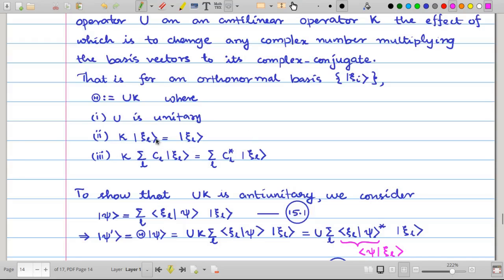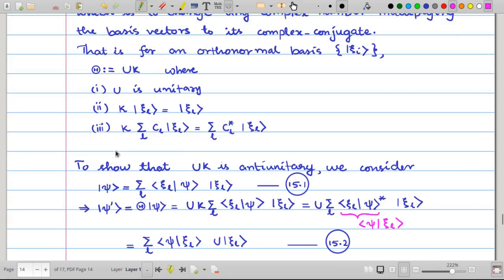That is, K acting on |c_l> is equal to ket |c_l>, but K acting on a linear combination of those vectors with complex coefficients c_l is given by this equation. That is, K acting on a sum over l of c_l |c_l> gives the sum over l of c_l star, the complex conjugate of the coefficients multiplying the kets |c_l>.